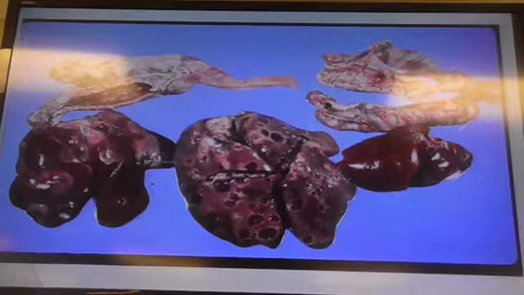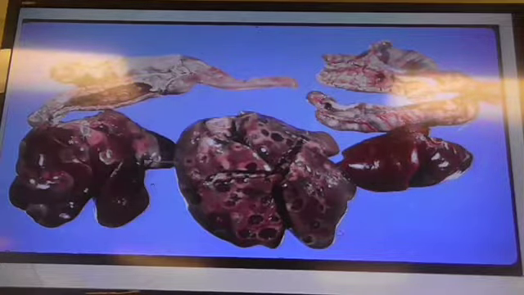Okay? I love this picture because you get a twofer. You have lesions in the liver, so this is the liver, and then you have the paired ceca here. You have two very extreme cases. The liver has these round, raised nodules, target lesions.